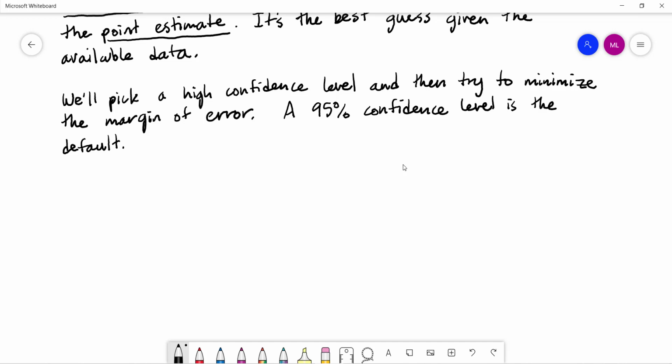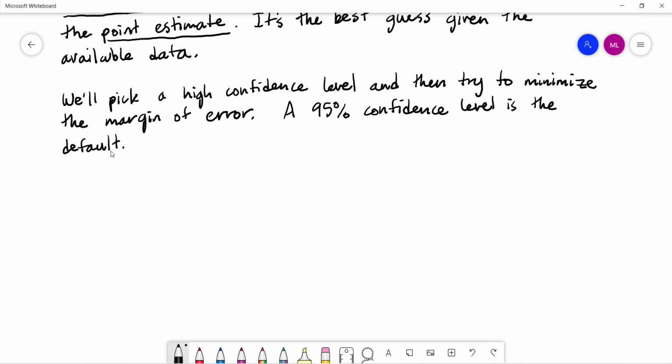What I want you to think back to is the central limit theorem, which was the big discussion that we talked about basically at the end of section 7.3 when we talked about sampling distributions. So let me finish this sentence here. We'll pick a high confidence level and then try to minimize the margin of error.